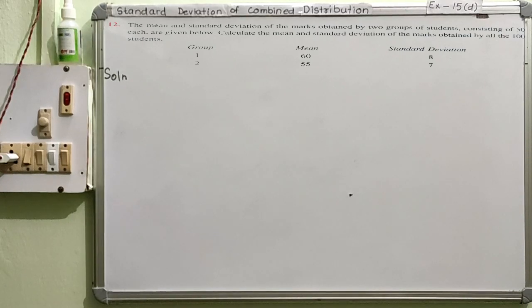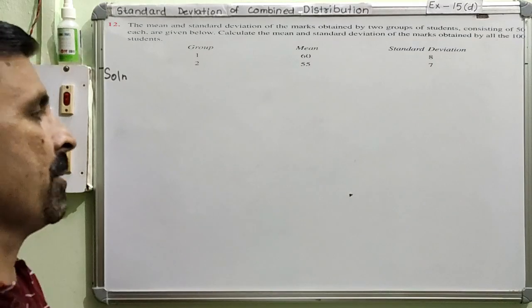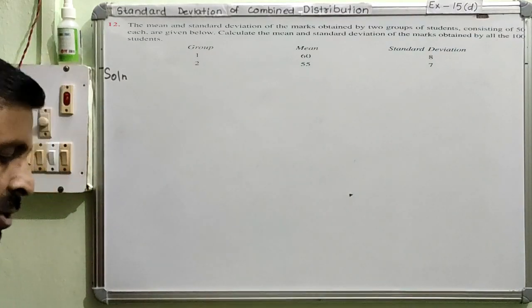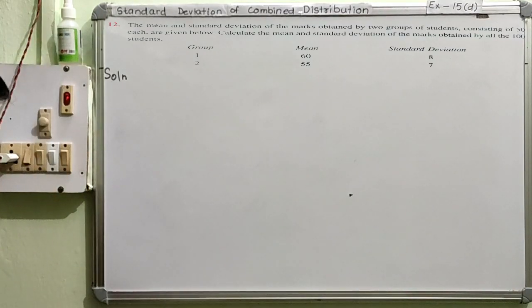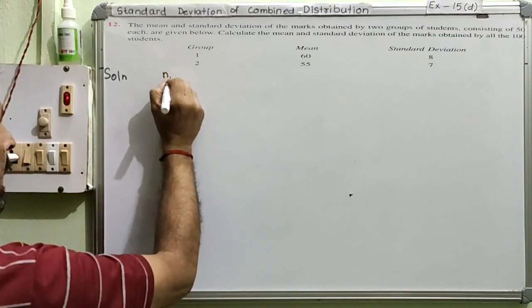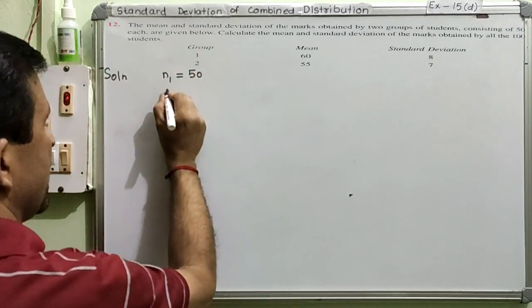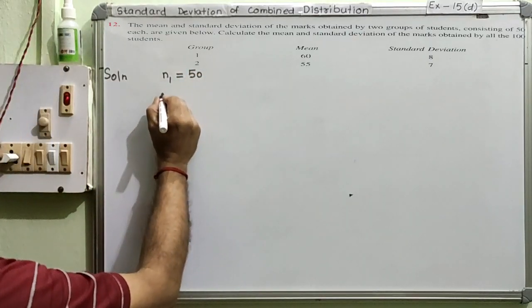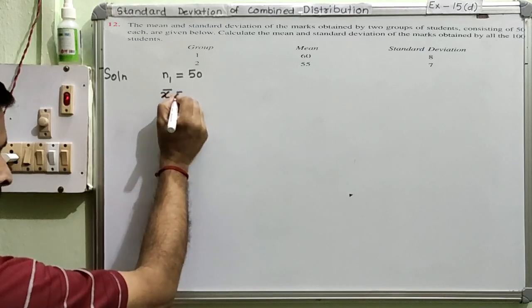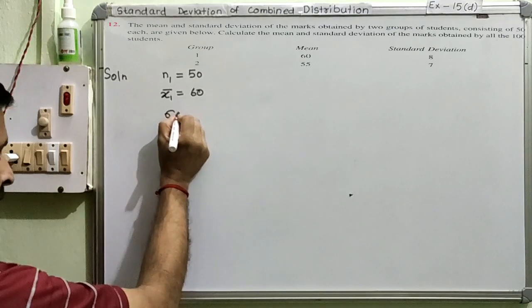So this is going to be a very, very simple question, right? Even if I don't do this question, you can do it by yourself. For the first set we have n1 equal to 50, and for this group we are given the mean x1 equal to 60, and the standard deviation equal to 8.